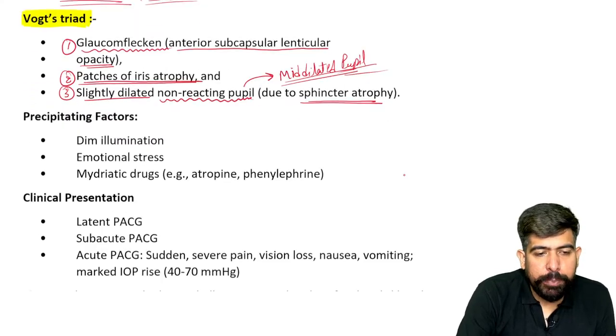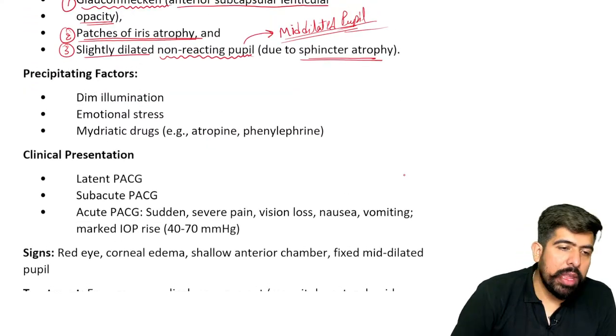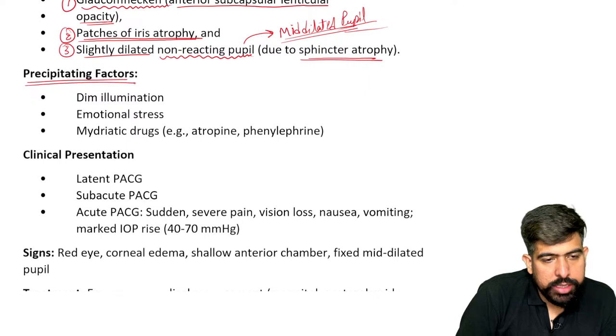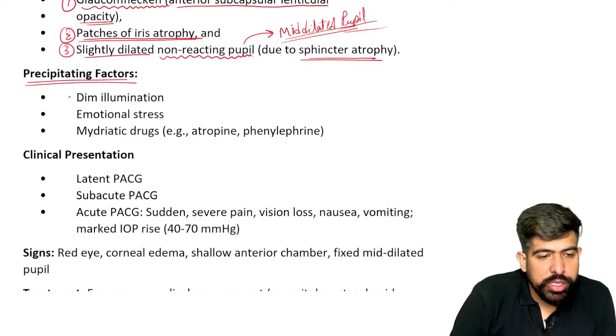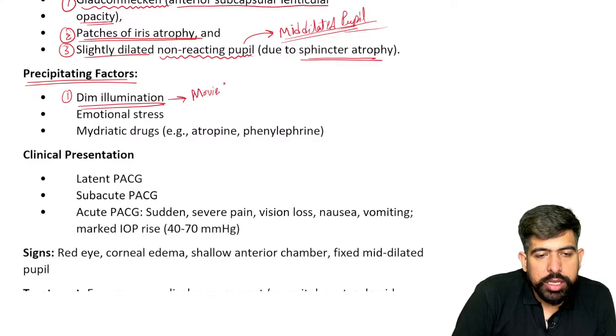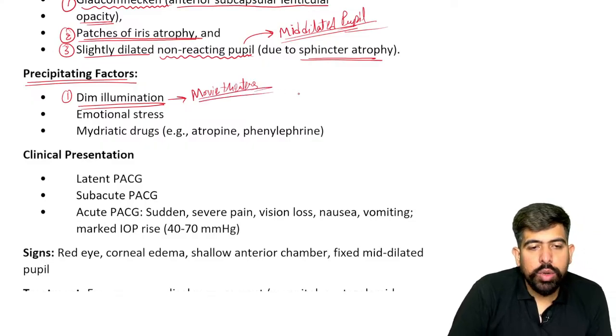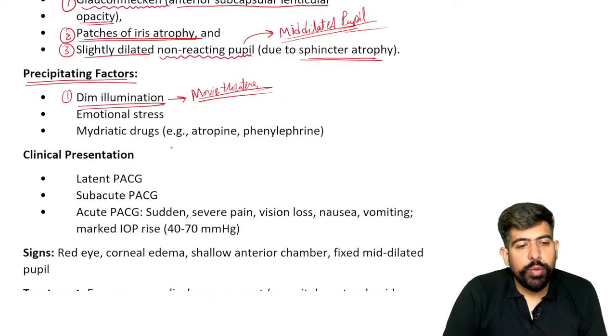Now, what are the precipitating factors? The first one is dim illumination. What is dim illumination? Like in movie theaters.